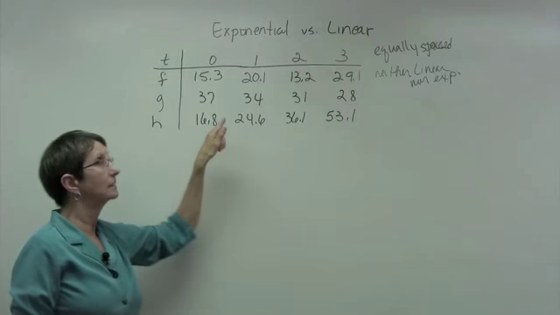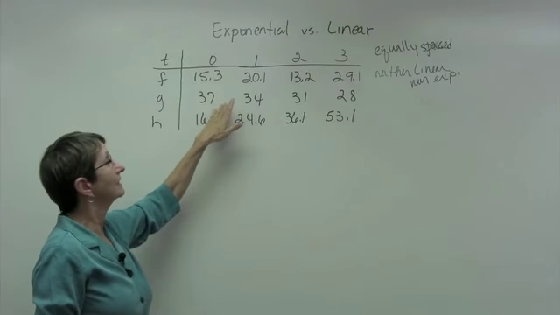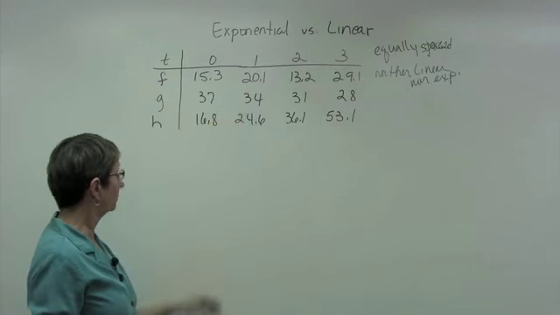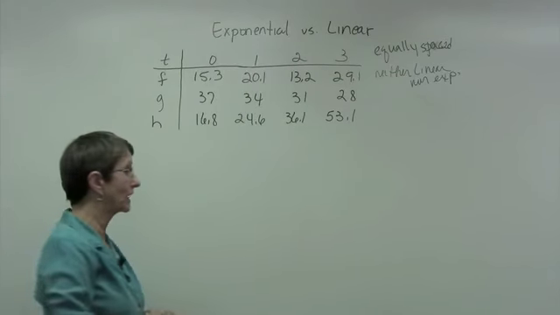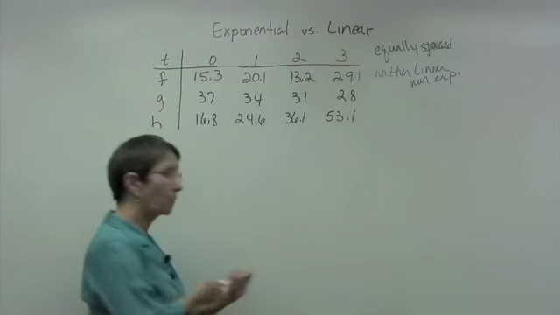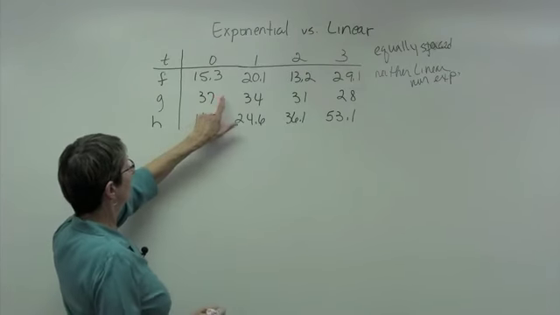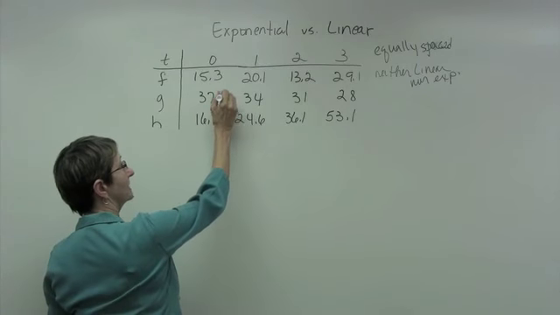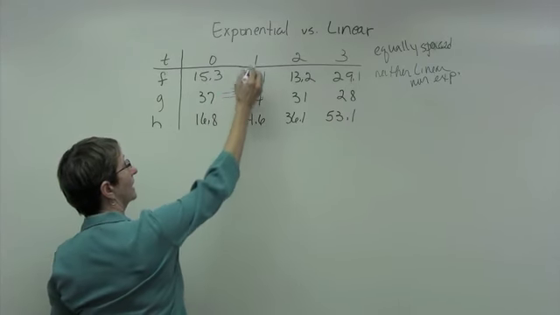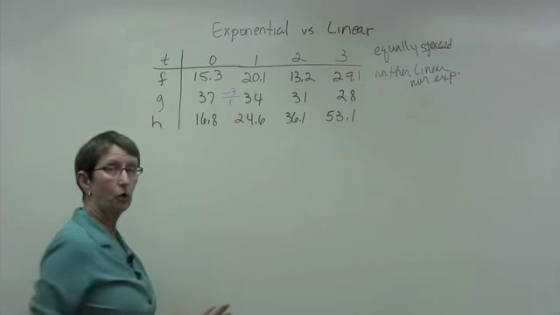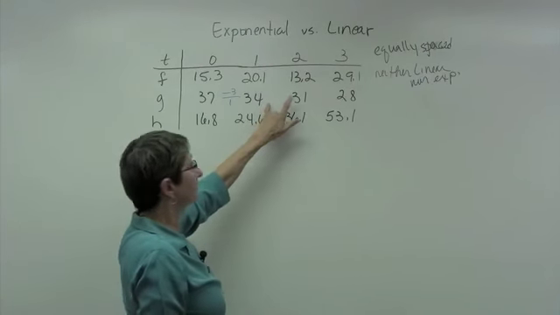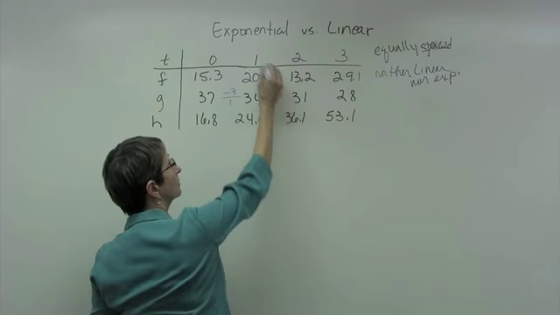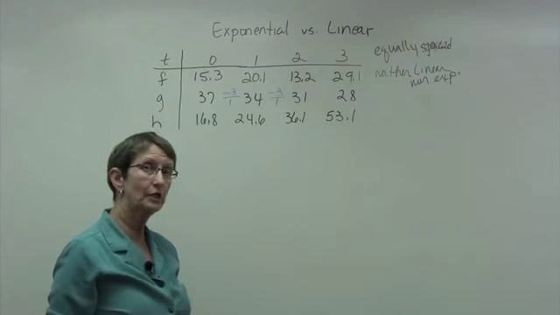Well, let's look at g. The way that we would test for a linear function first is to find the rate of change, or the slope. So we would need to do change in y over change in x. My y values here: 34 minus 37 would be a negative 3 change on top, and 1 minus 0 would be a change of 1. From 34 to 31 is another negative 3 change in output for a 1 unit change in input.